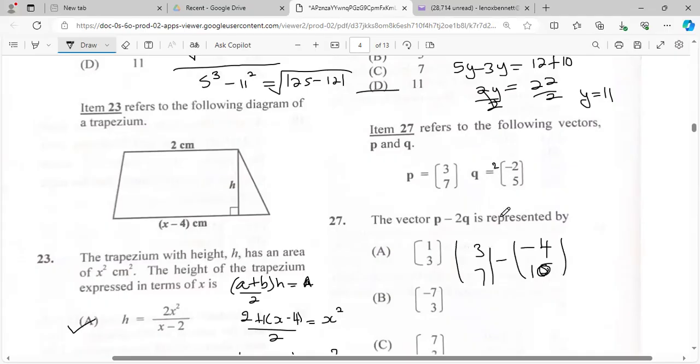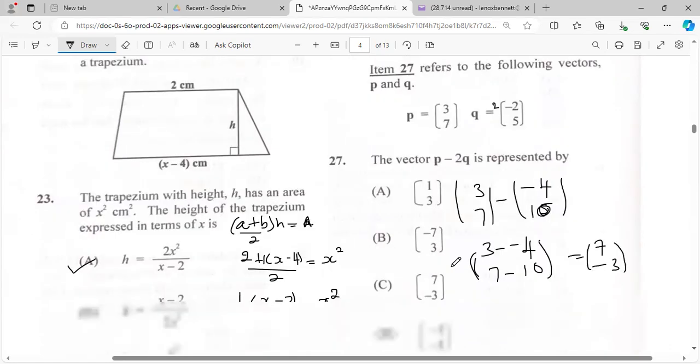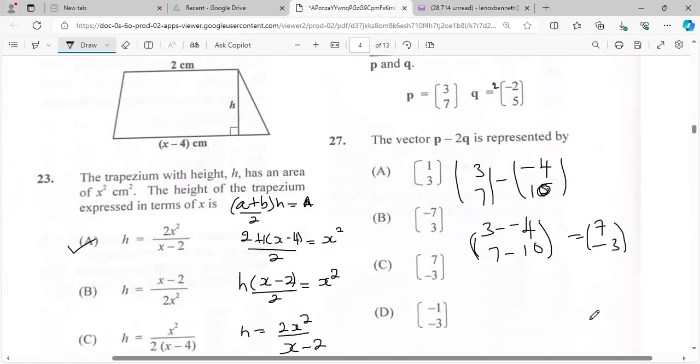So it's going to be 3 minus negative 4 and 7 minus 10. So 3 plus 4 is 7. And then this now would be minus 3. Alright, so my answer is C.